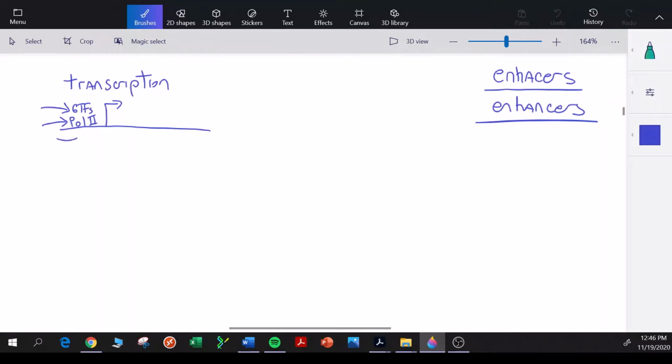And these alone are thought to be sufficient for initiating transcription. However, alone, transcription is not very efficient.